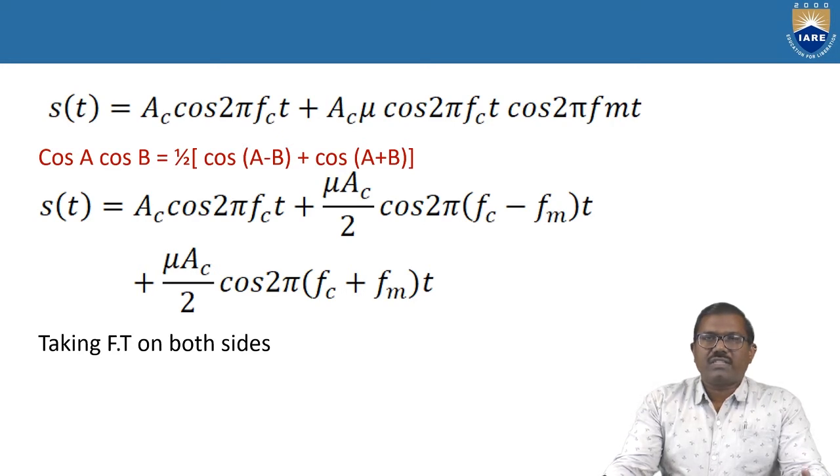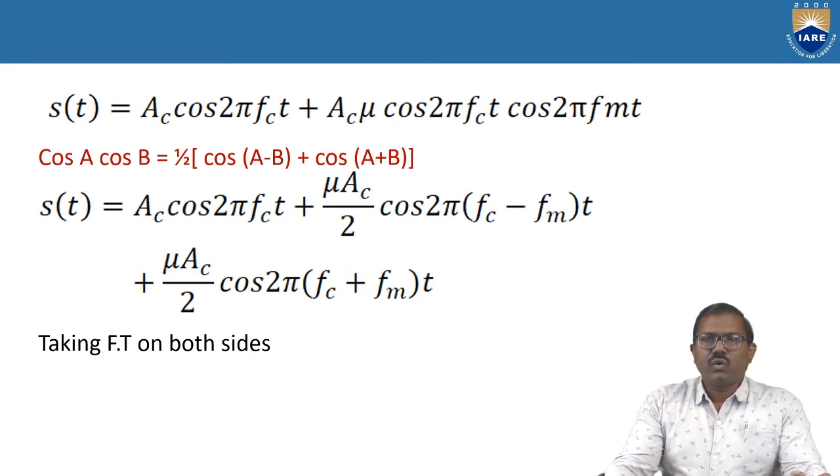So you know the trigonometric formula: cos a cos b is equal to 1 by 2 of cos of a minus b plus cos of a plus b. So I am expanding the above equation using this trigonometric formula. So s of t is equal to Ac cos 2 pi fct plus mu Ac by 2 cos 2 pi of fc minus fm of t plus mu Ac by 2 cos 2 pi fc plus fm of t.